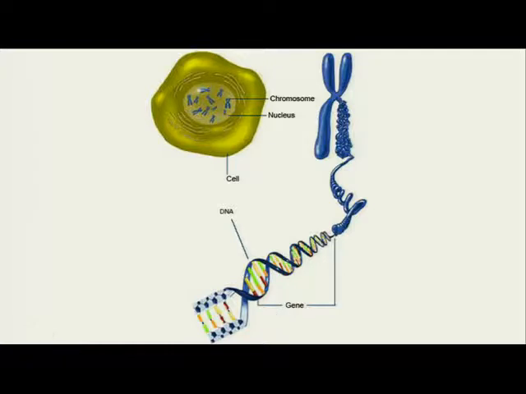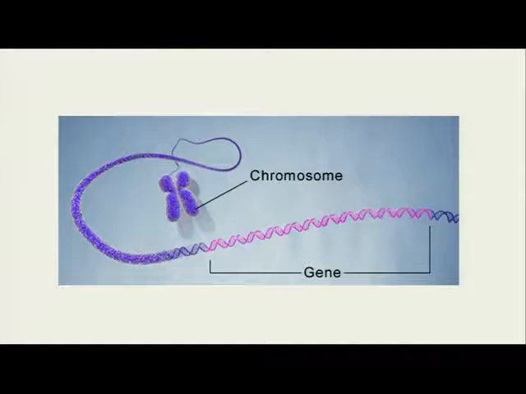Look at the next illustration as well. There you can see it. That highlighted section, that is a gene. And there are a number of genes on a specific chromosome. I will illustrate that later with the aid of a diagram.